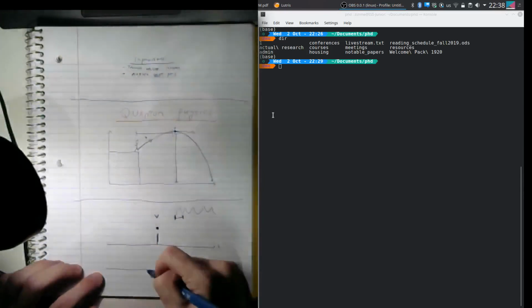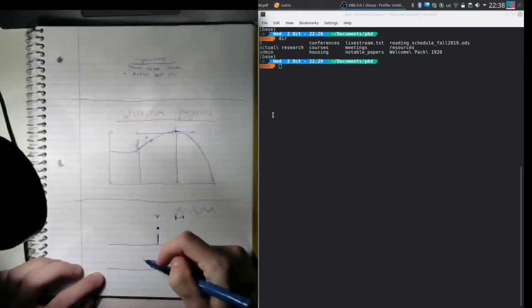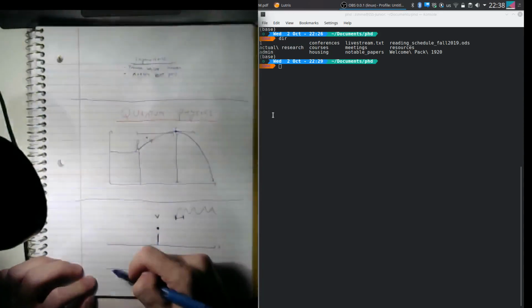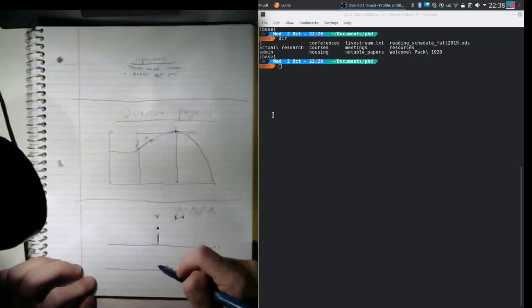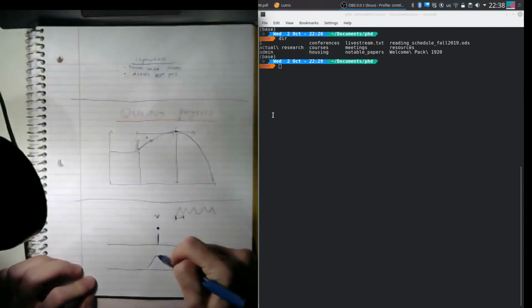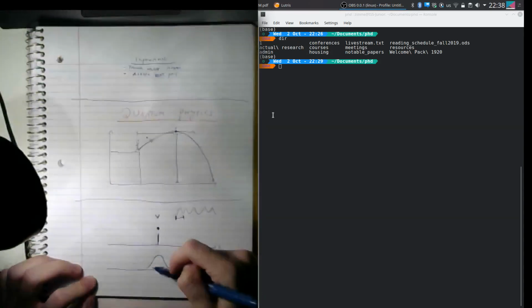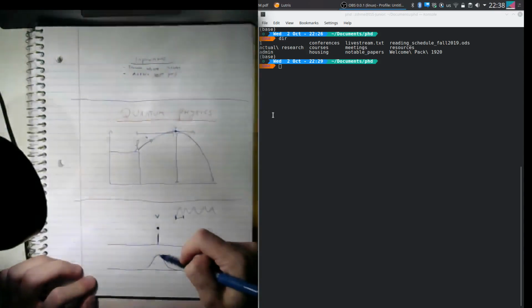In quantum physics, we get something more like a probability distribution. So we're almost completely sure that the object is not over here or over here, but in the middle, there's a likelihood of it being anywhere in this range. And most likely it's in the middle.